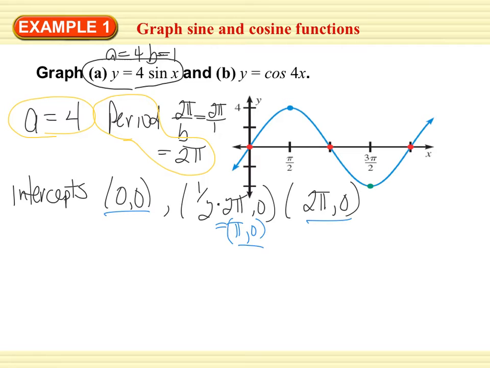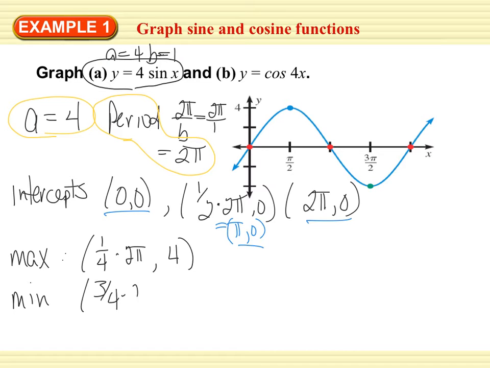Now we need the maximum. It's going to be 1/4 times 2 pi, comma A. And my minimum is going to be 3/4 times 2 pi, comma negative A. So this gives me pi over 2, comma 4, and 3 pi over 2, comma negative 4.